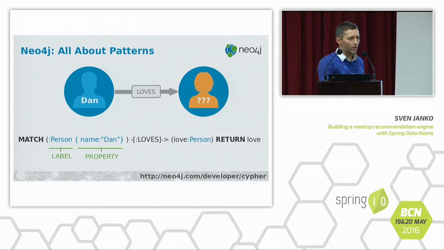And then we are giving an alias to the person we are looking for. So in that case, we still don't know the name, but we are returning it by just returning the alias love. And this is a very simple way of querying your data and finding paths in your database.